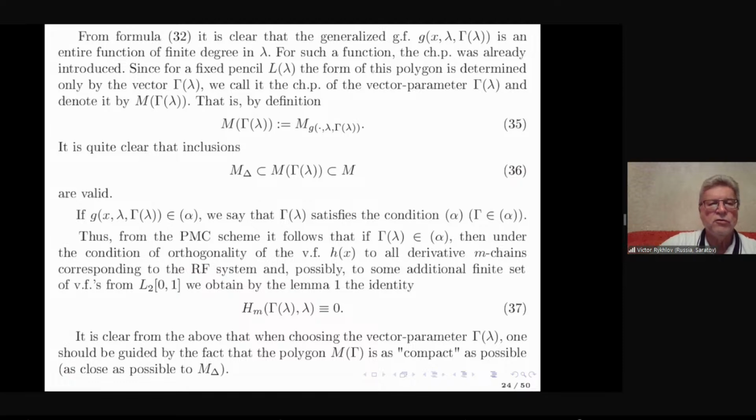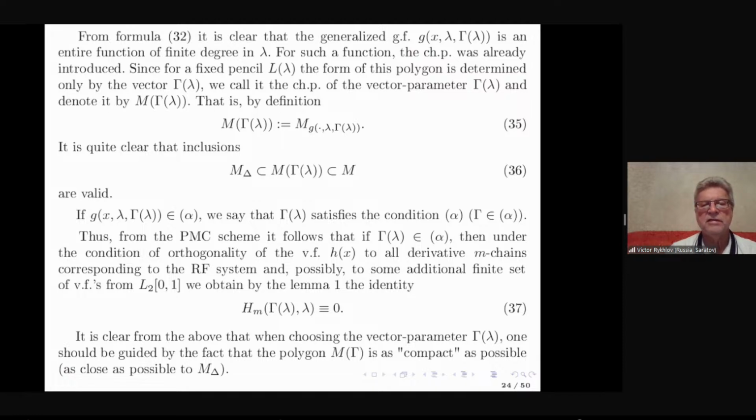From formula 42, it is clear that the generalized generating function g of x, lambda, gamma is an entire function of finite degree in lambda. For such a function, the characteristic polygon was already introduced, since for a fixed pencil L of lambda, the form of this polygon is determined only by the vector gamma of lambda.